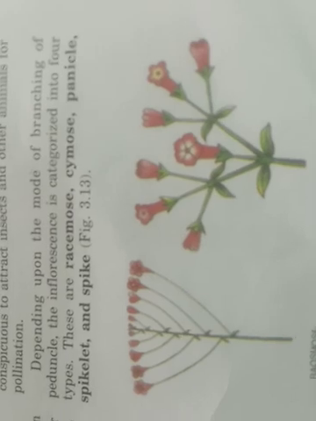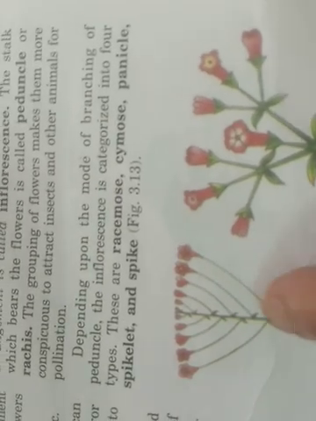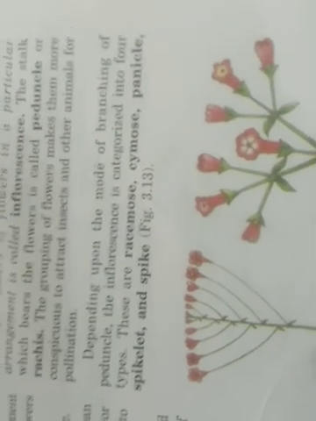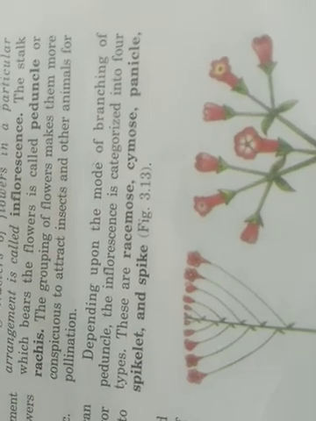You can see here, the first one is the racemose type of inflorescence. In racemose, you can see this is the peduncle or the main axis, and this main axis continues to grow.